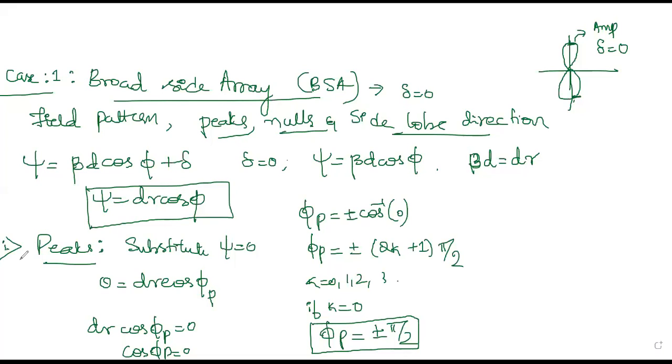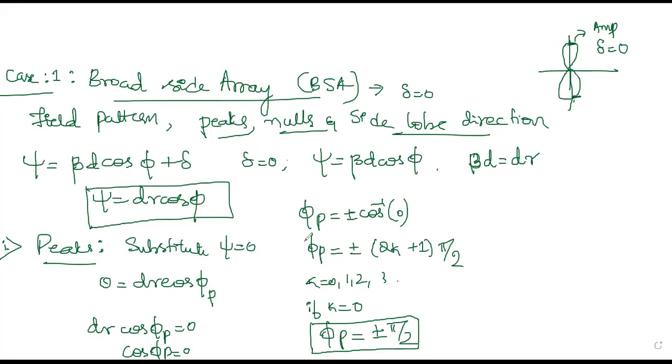Here you will find the first direction, that is the peak. The peak direction is the one which defines your major lobe. That angle you will be finding. Substitute psi equal to 0. This follows for all the cases. Whenever you have to find the peak for a broadside array, you substitute psi equal to 0. Substituting 0 here, it will be dr cos phi p equal to 0, so cos phi p will be 0. Phi p will be plus or minus cos inverse of 0. The general equation of that is plus or minus (2k plus 1) pi by 2, where k equal to 0 will give you plus or minus pi by 2.